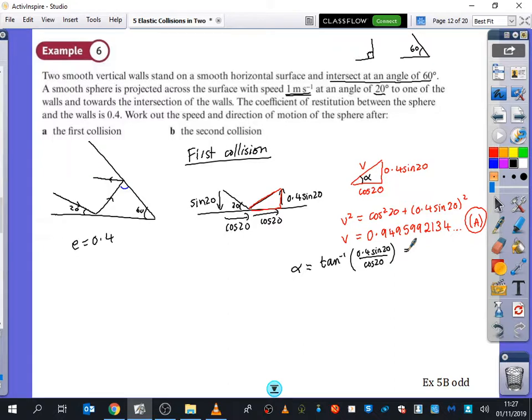So that is the inverse tan of, good. So 8.28 degrees. I'm going to store that in my calculator in B. And now we can say that this is the one that's roughly 8 degrees.